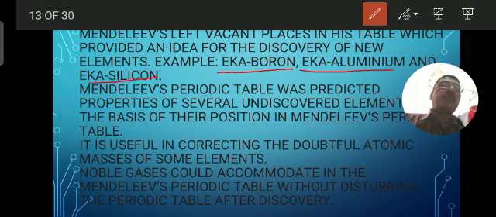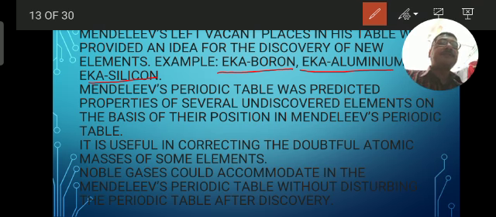Eka boron means before boron, Eka aluminium is before aluminium, and Eka silicon means before silicon. He left some gaps. In those gaps, when discoveries were made later on, exactly in the same place with the same chemical and physical properties, they were able to arrange the elements discovered after a certain interval of time.